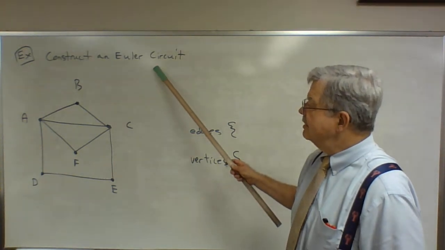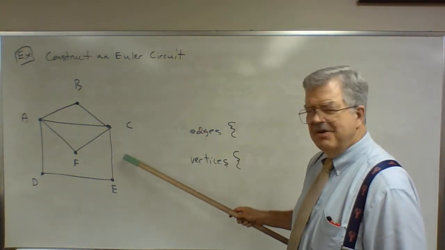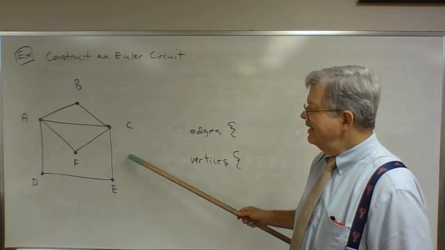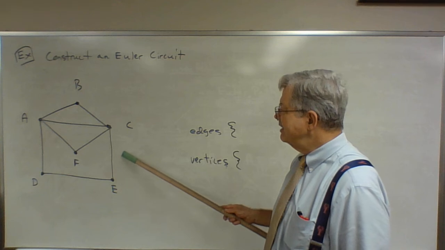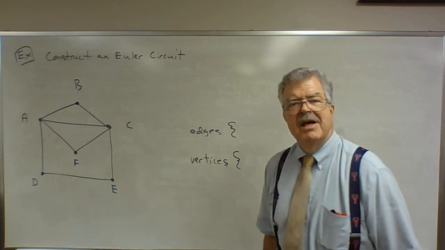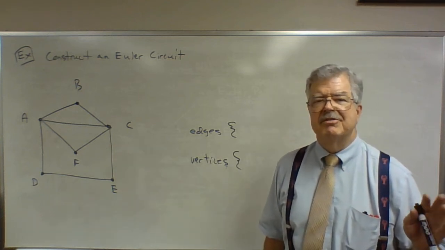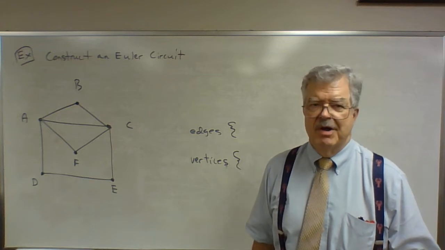Here I want to construct an Euler circuit, and this is not exactly the same kind of diagram that I had before. It's not exactly the same kind of graph that I had a couple of examples before where I couldn't even draw an Euler path.